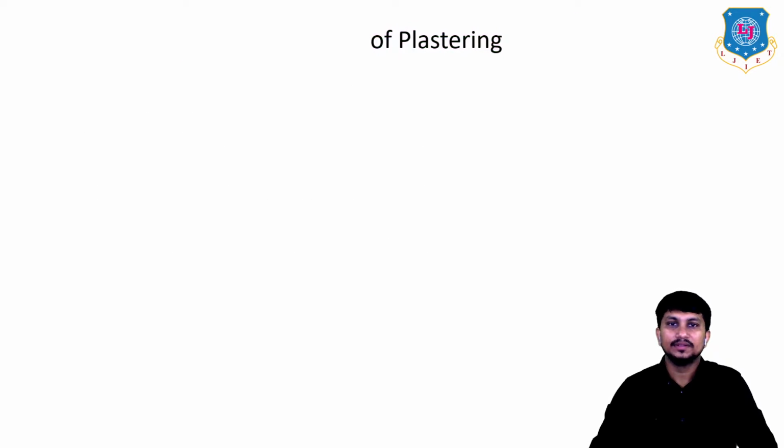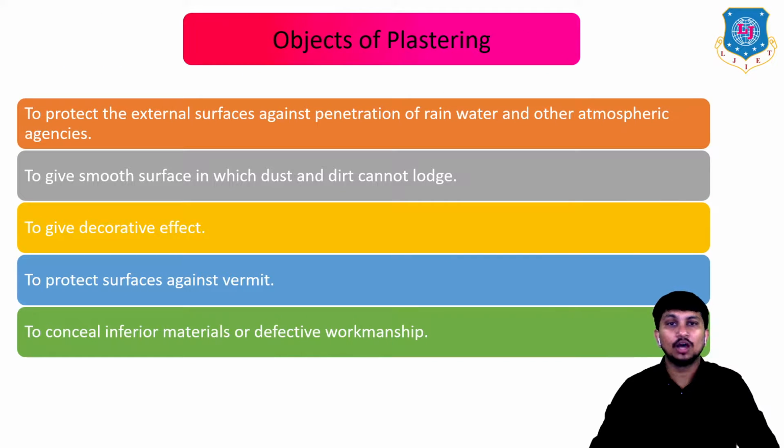Now let's see what are the objectives of plastering. It is used to protect the external surfaces against penetration of rainwater and other atmospheric agencies. Second, to give a smooth surface in which dust and dirt cannot lodge.